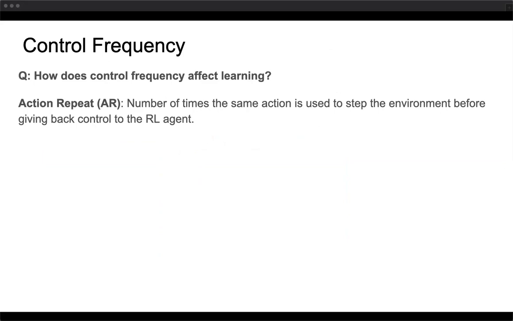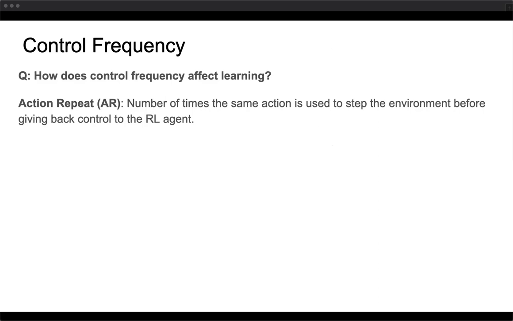Speaking about actions, we can ask ourselves many questions. For example, what should be the control frequency, and how does it affect learning? The control frequency is the frequency at which the policy interacts with the environment. And we can tweak this by changing the action repeat value, which is a widely used hyperparameter in RL tasks.